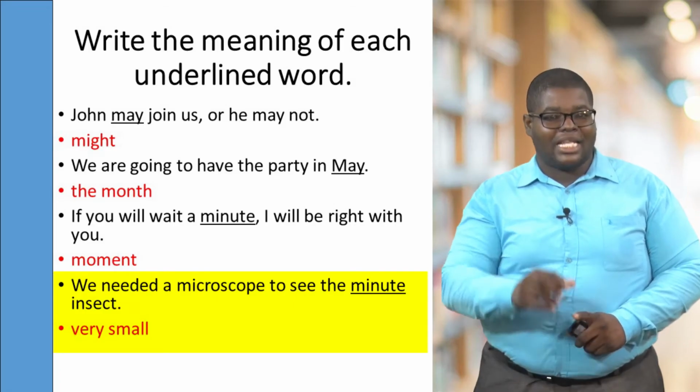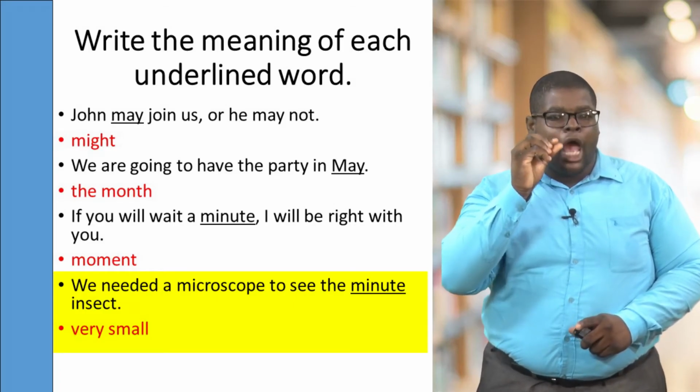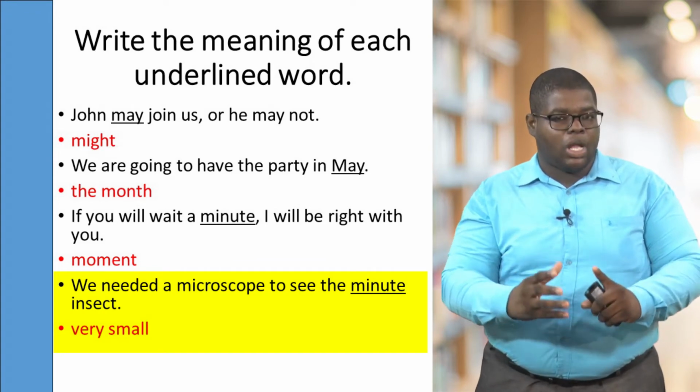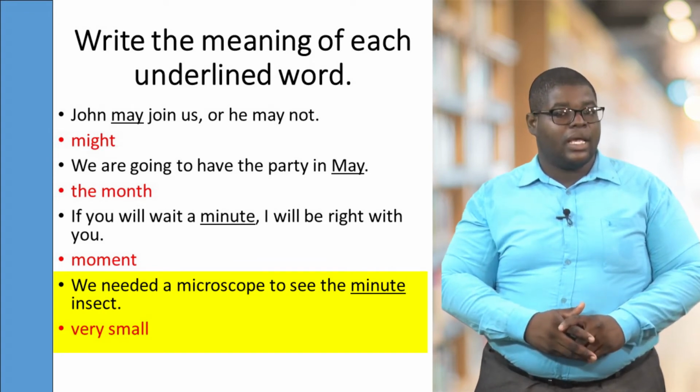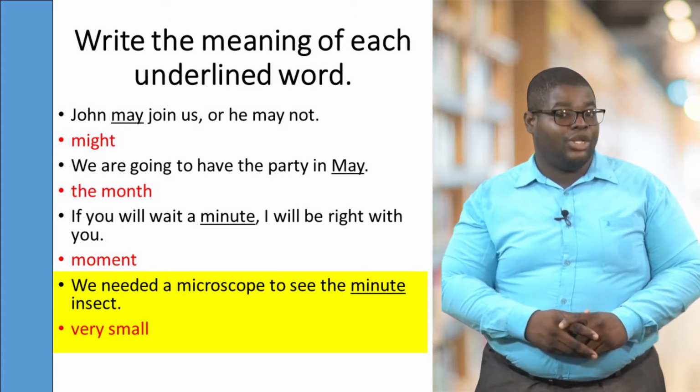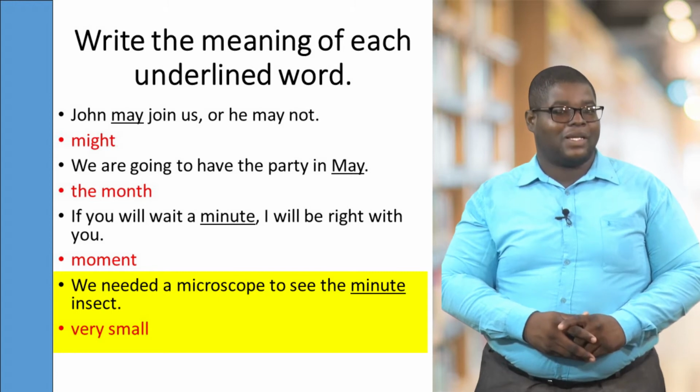To talk about something that is very small. And what do I want you to notice? In one context, the word is pronounced one way, but in another context, it's pronounced differently. So you see how the concepts come in handy?